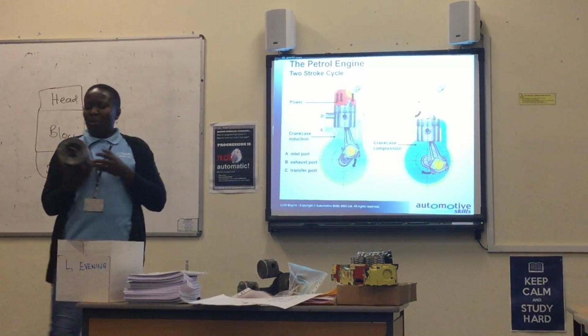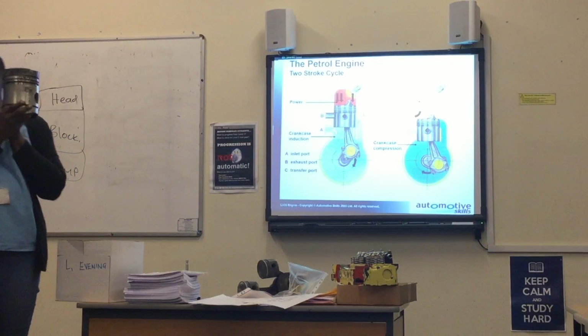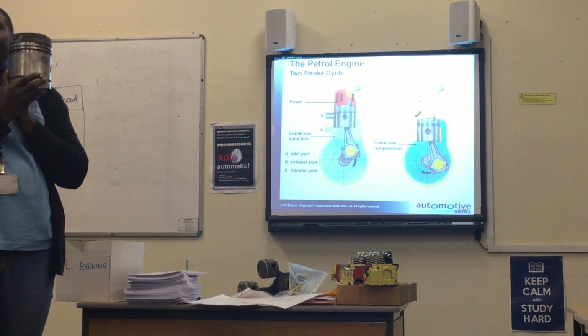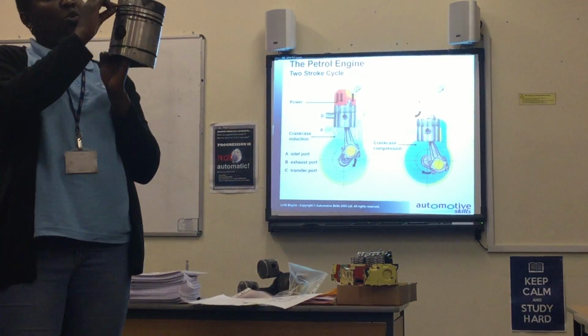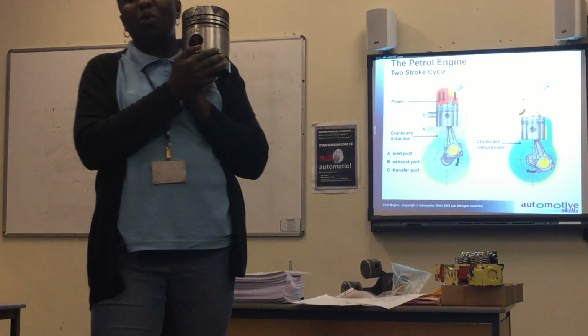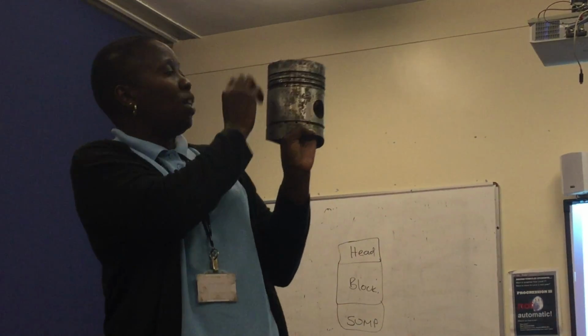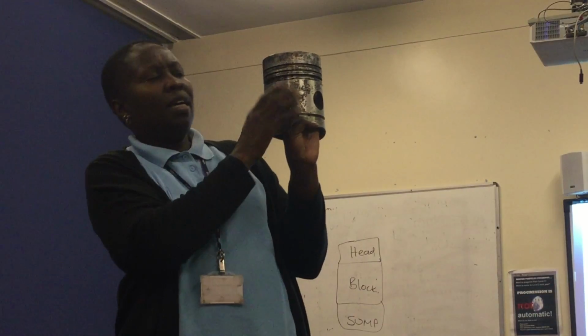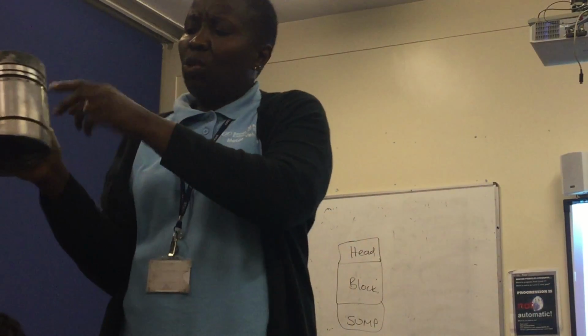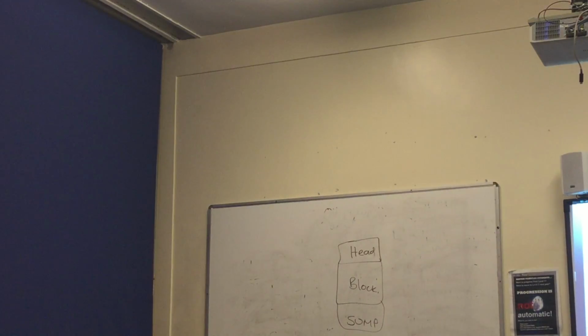Right? So on the piston, we have two types of rings. The two top rings we call compression rings. Some pistons, like the smaller ones, can have two and one. The bottom one, this one has got two. The bottom one is called the oil scraper ring. If you can see on the bottom, we have some holes. So the oil is scraped on the cylinders.